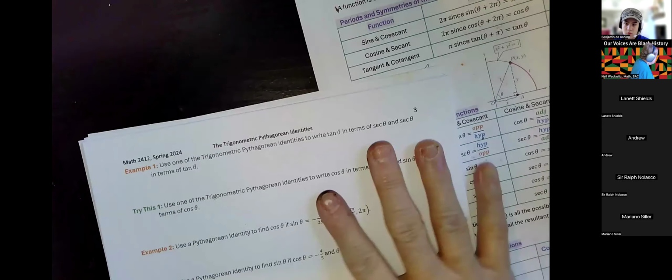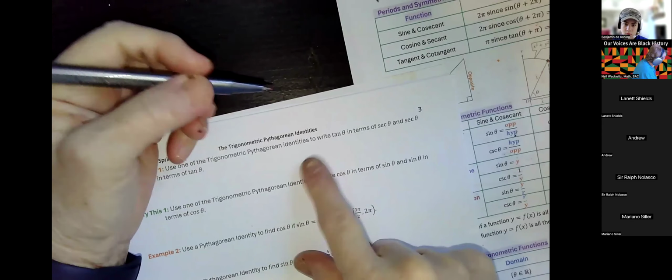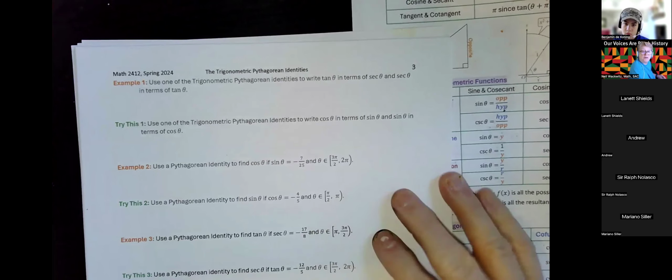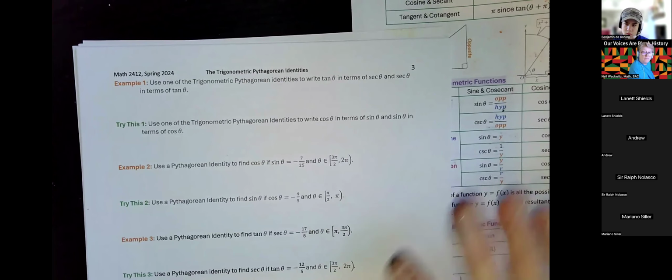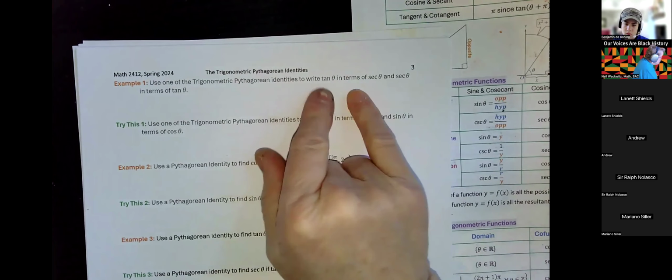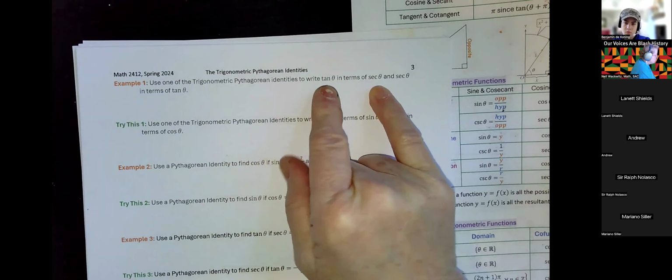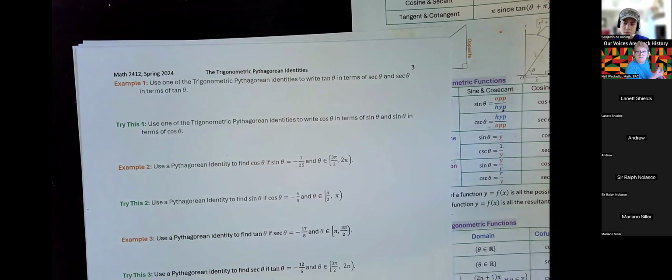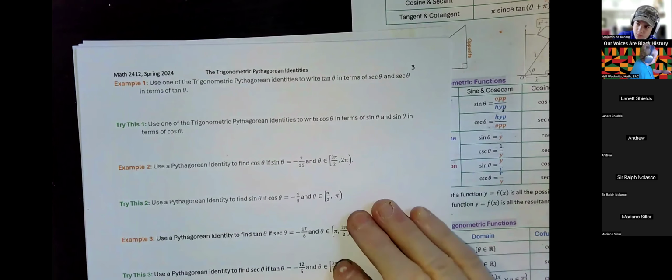So the first one that we want to look at: let's start with writing tangent theta in terms of secant theta. If we want to write tangent in terms of secant, we want to use an identity that just has those two, and we just saw it.